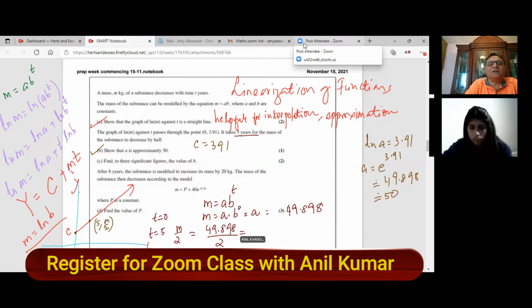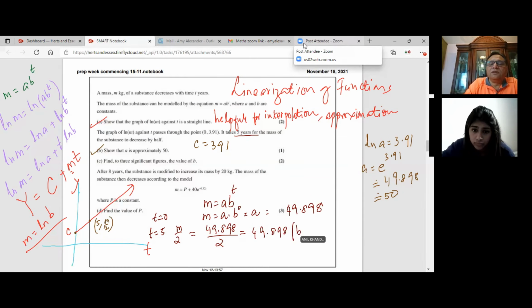Simple as that, and it gets cancelled, so we don't really have to bother that much. So B to the power of 5. Whatever you write, 50 or 49, it cancels.